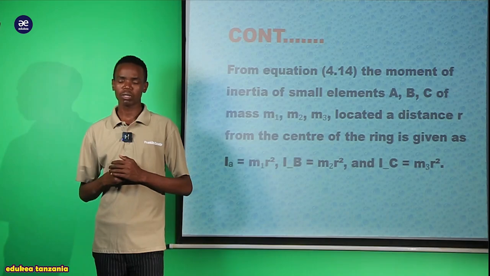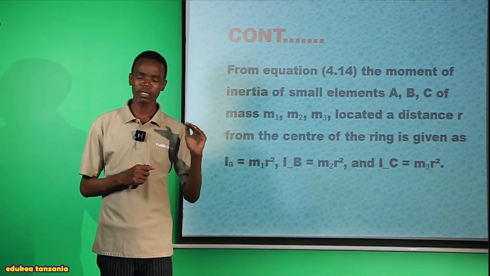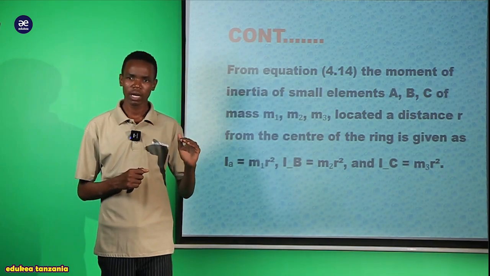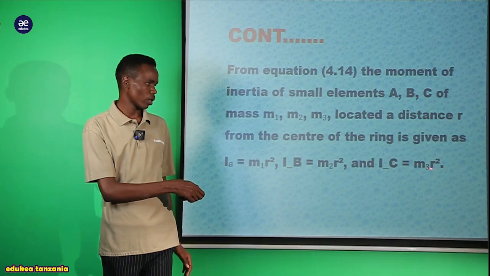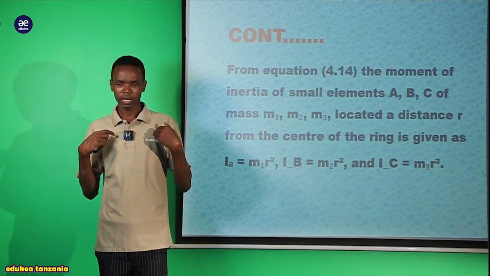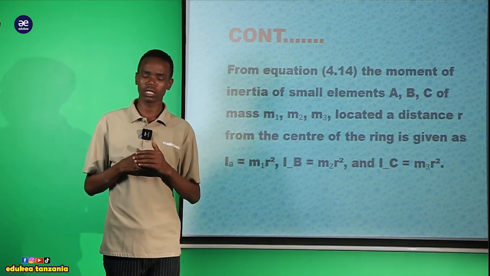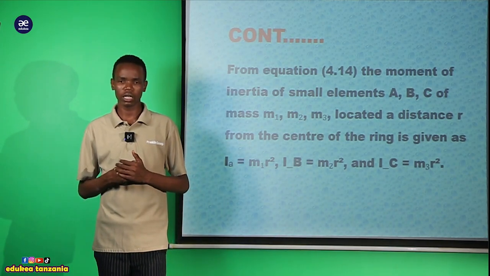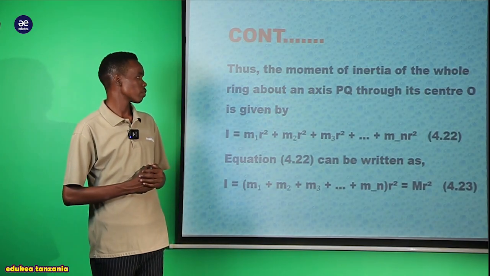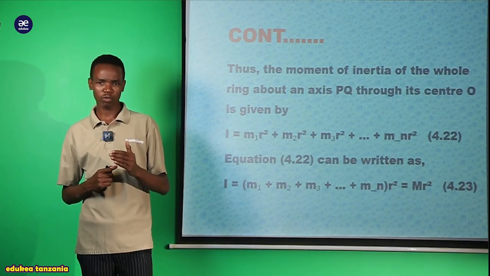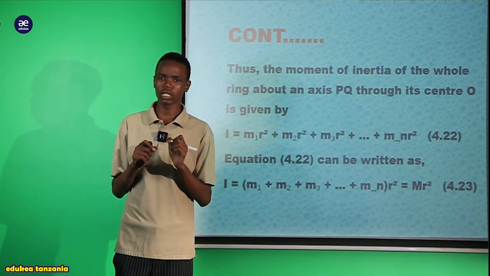Now, if we want to obtain the moment of inertia, we should take the mass 3, the mass found at point C. Then we multiply by the distance, r squared, where r implies the distance between point C and the center where the axis of rotation occurs. So after that, we should record the moment of inertia for the whole ring. Now we have looked at each particle found in the ring that are joined together.